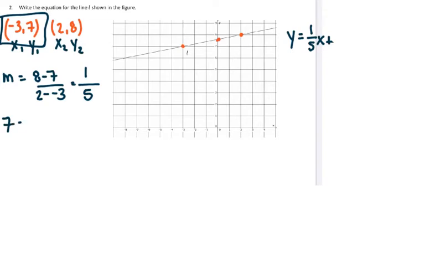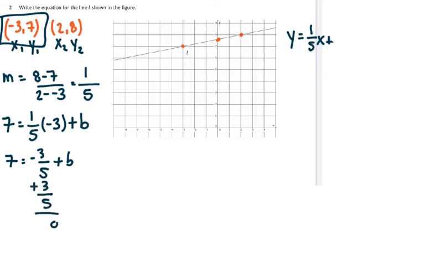So 7 equals, using that point from my line, 7 equals 1/5 multiplied by -3 plus b, and I'm solving for that b. First I'm going to multiply 1/5 by -3. So I have 7 equals -3/5 plus b. And so I can easily add 3/5 to both sides of my equation. So that's 0 right there, plus 3/5 over here.